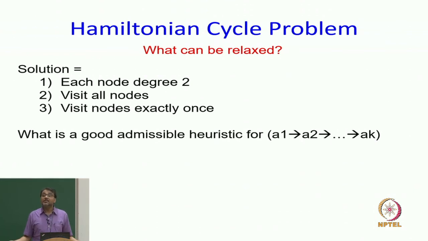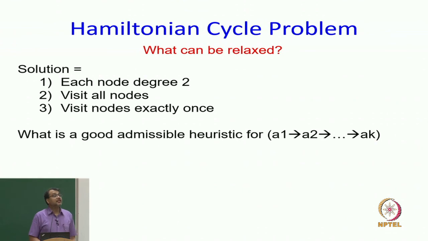With any path using which nodes? Remaining nodes. So, get rid of A1 to AK in the graph, keep A2 to AK minus 1 in the graph, and then try to compute the shortest path from AK to A1, and that is going to relax the visit all nodes constraint.